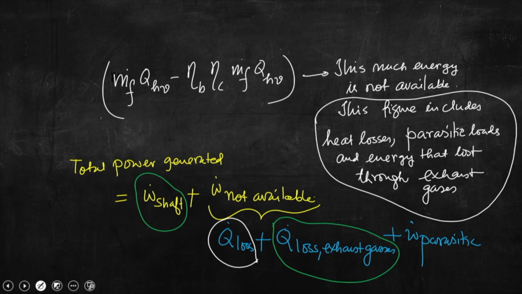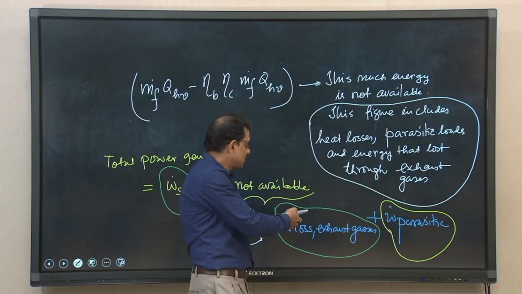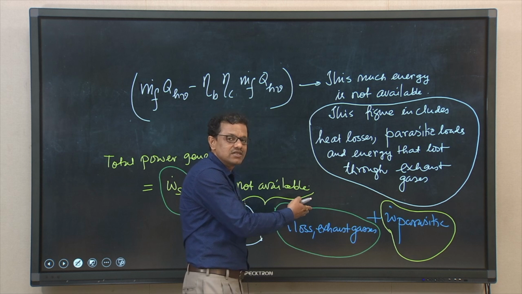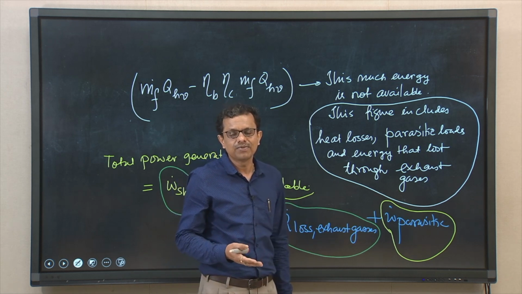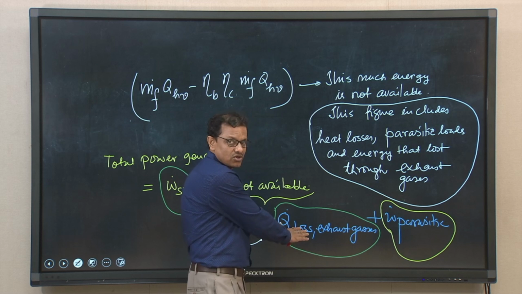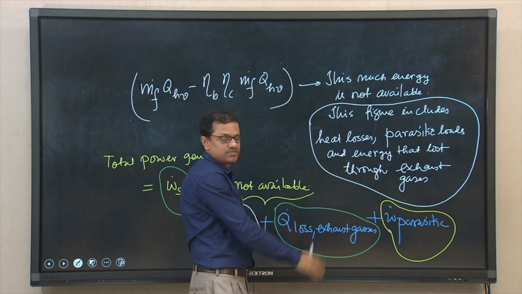We have no requirement to remove the parasitic part, because this is needed to run several auxiliary units. The exhaust loss is automatic, because we need to remove exhaust gases from the combustion chamber. When combustion gases leave the engine cylinder, they carry certain enthalpy and also chemical energy with them. So, this loss is also inevitable.